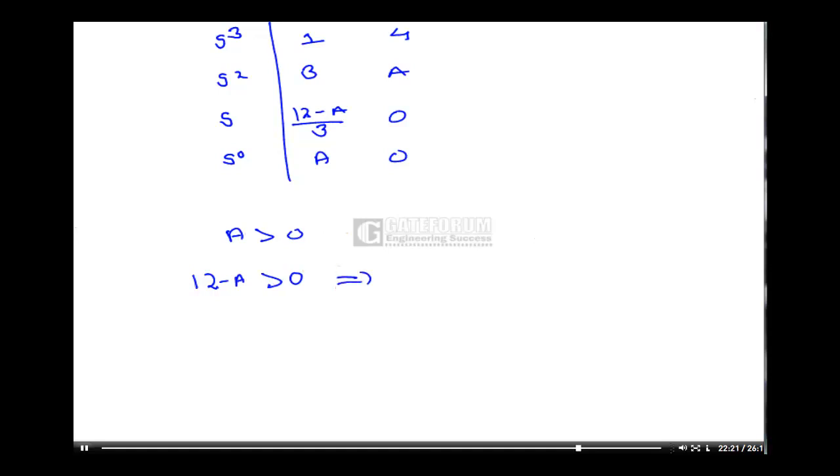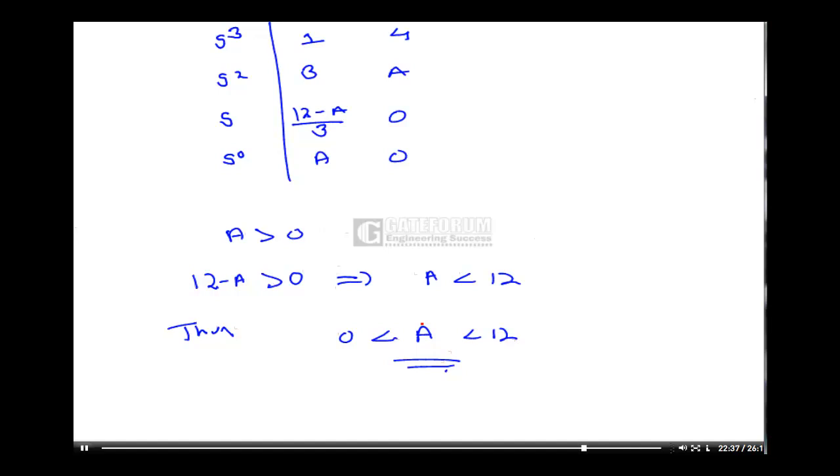This implies my A must be less than 12. Thus, for 0 less than A less than 12, roots lie in the left half of the s-plane, or for these values of A, my system is a stable system.